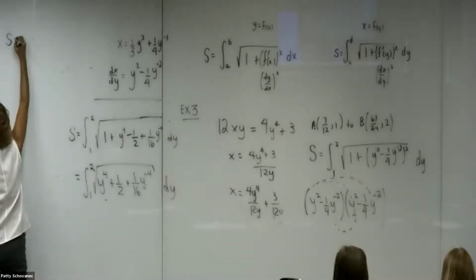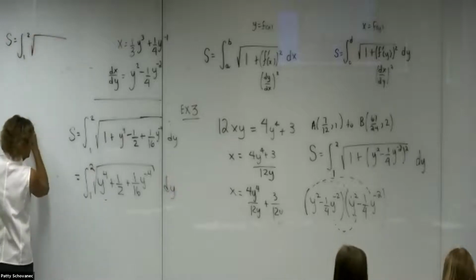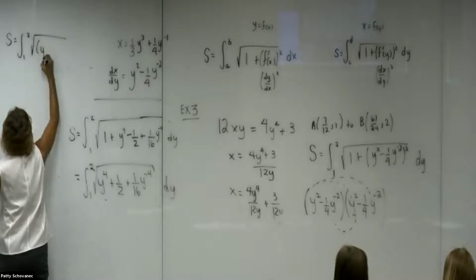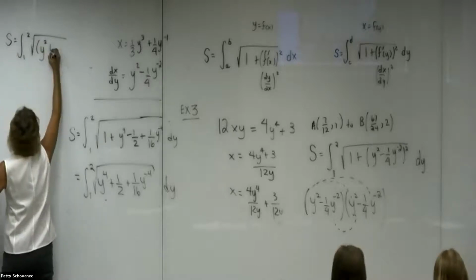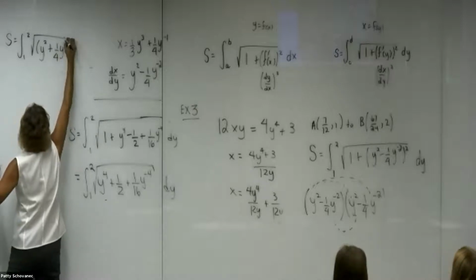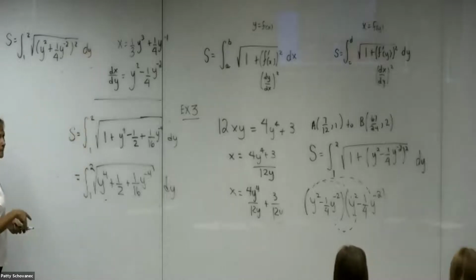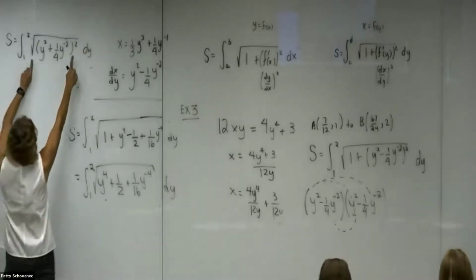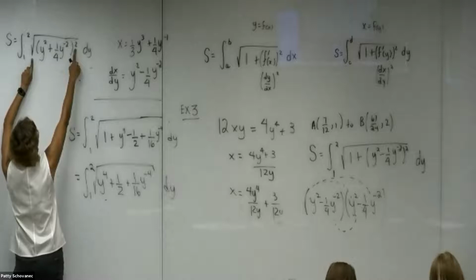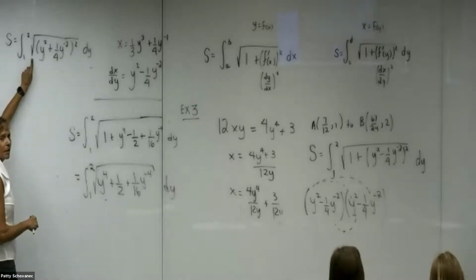So now we're left to integrate from 1 to 2 the square root. What did I say that factored as? y squared plus 1/4 y to the negative 2, quantity squared. And that was what we needed, so that I can now take the square root of a quantity squared and get that stuff in the parentheses all by itself.